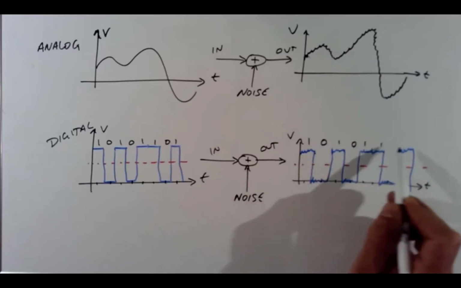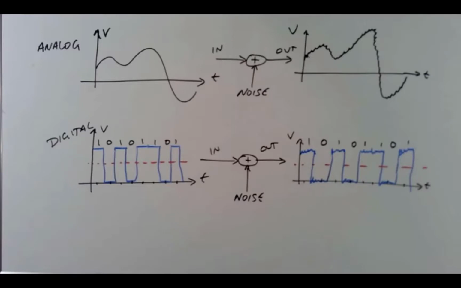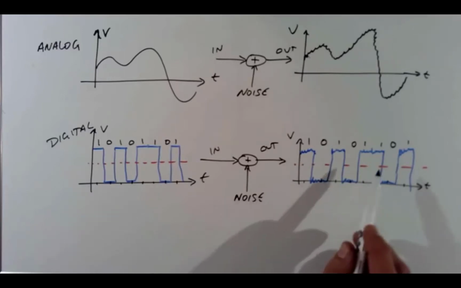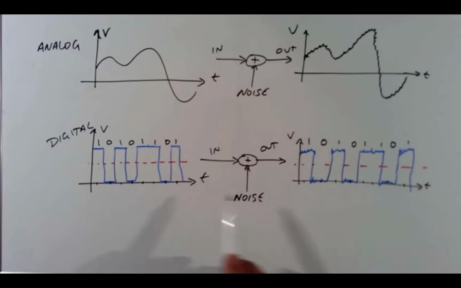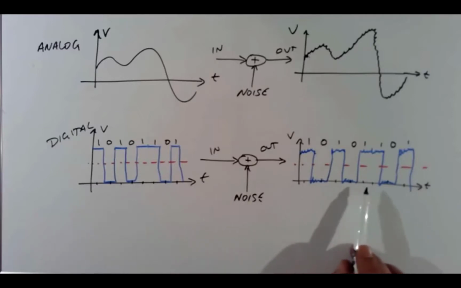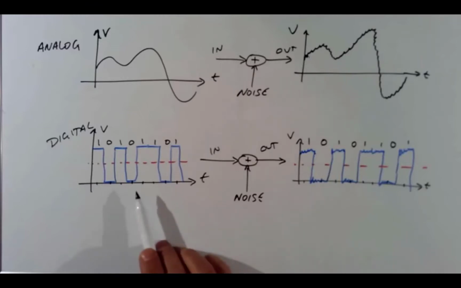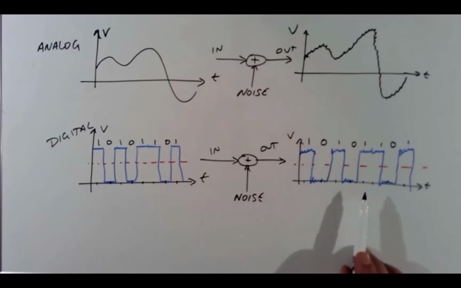And so I can easily see that I get this train of values, 1s and 0s. What we were able to do in the digital case is extract exactly the encoded information. So it is possible in a digital system to extract the information that you encoded.